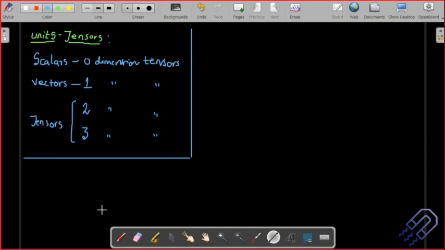This can be represented by tensors as well. So let's have a look. Let's say we know L is equal to I omega, angular momentum. Momentum is mass into velocity, so this is moment of inertia into the angular velocity. This is the angular momentum. This is one formula that we know.